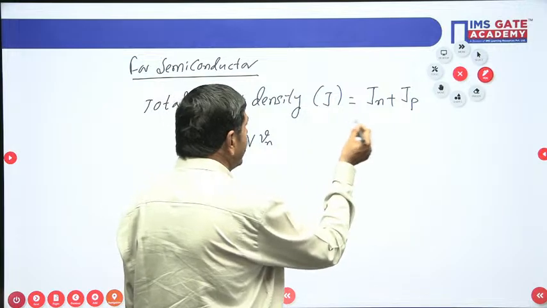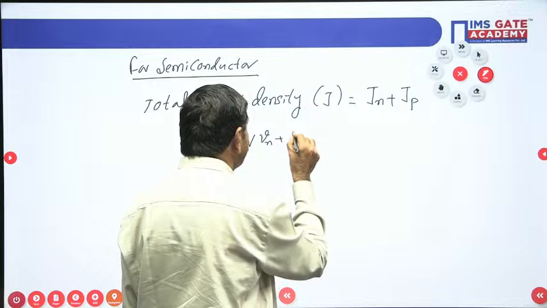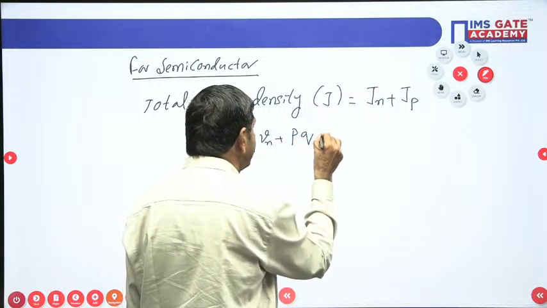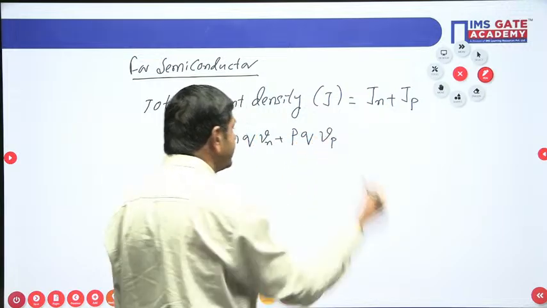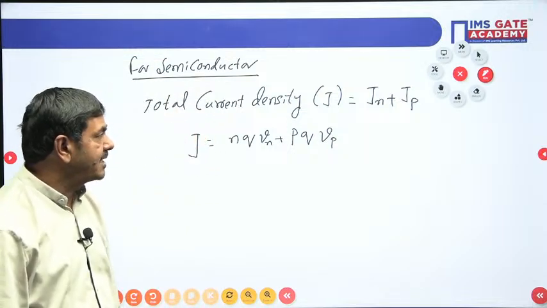For holes, the current density I can put as P into Q into Vp, where Vp is the drift velocity of holes.